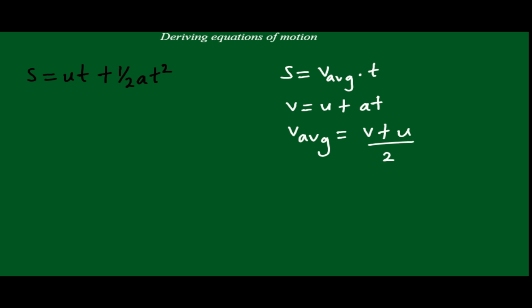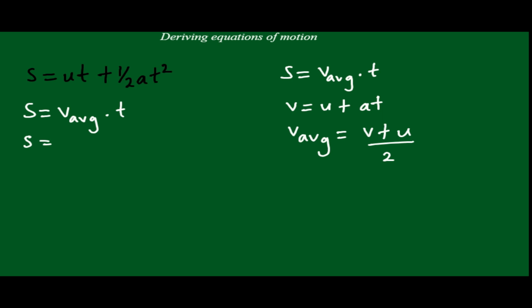And then from here, we are now just going to substitute v is equal to u plus at into v. So let's first write our formula. s is equal to average velocity by time.